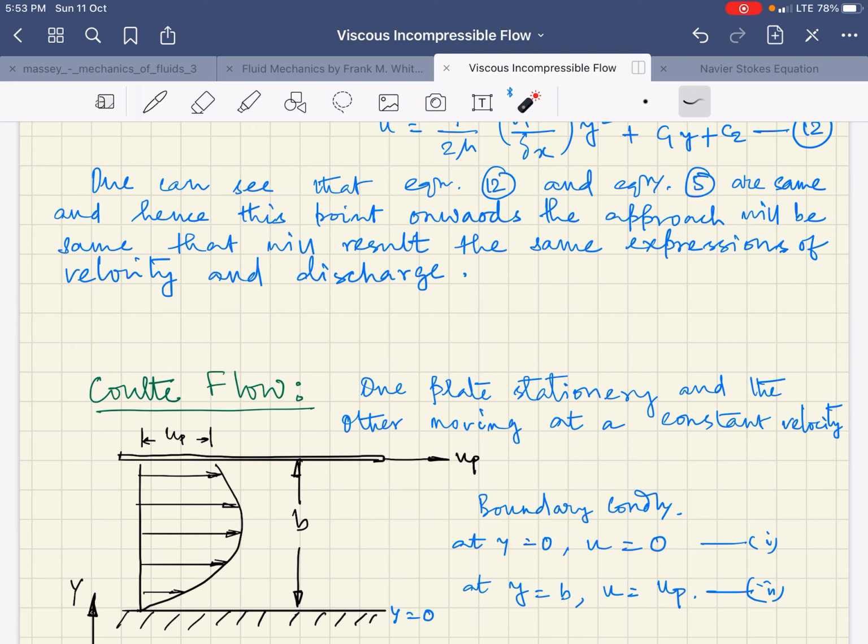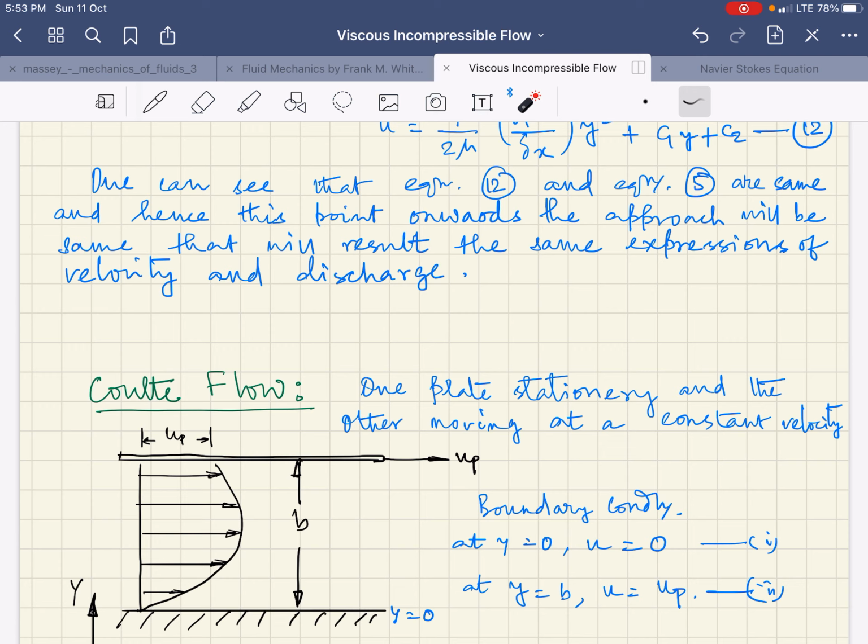You can approach using the Navier-Stokes equation. You can approach using the more classical elemental volume concept, and then utilizing certain fundamental laws. Nevertheless, you will reach the same conclusion, or the same form of the equation, whatever you do.